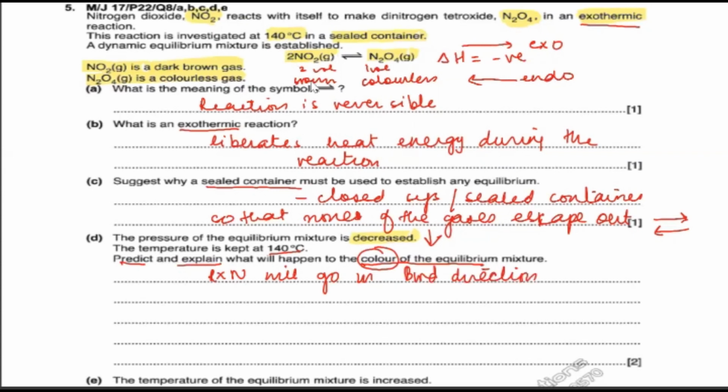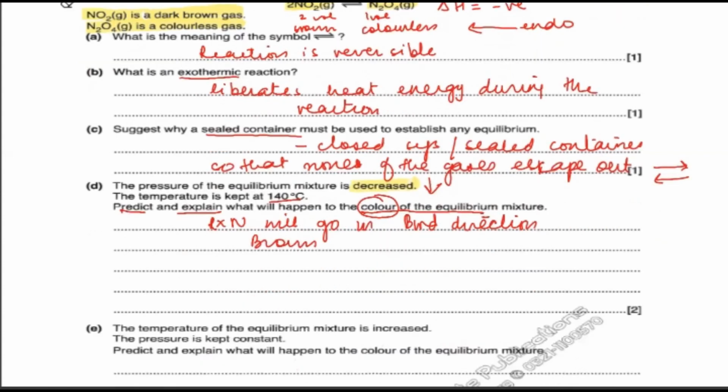The color of NO2 is brown. So the reaction will go in the backward direction and the color of the equilibrium will be brown, because more NO2 will form. So in terms of observation you have to write this down.